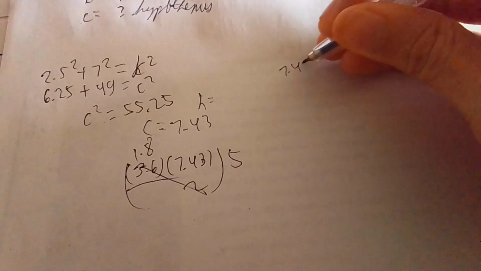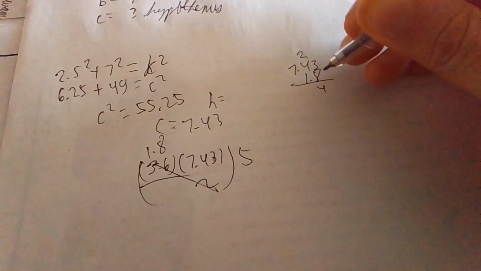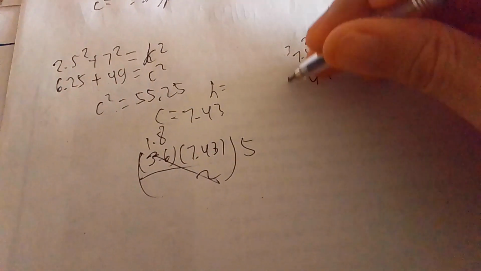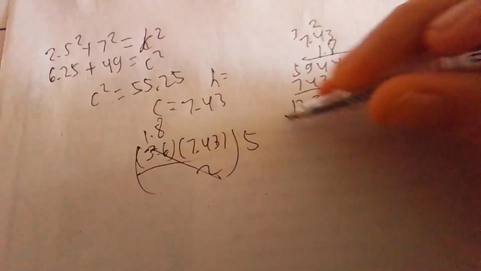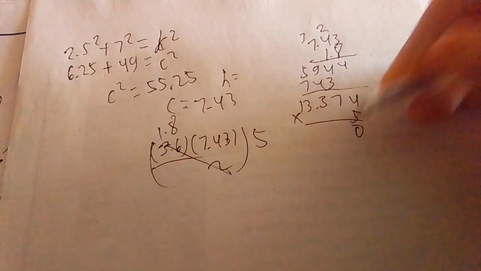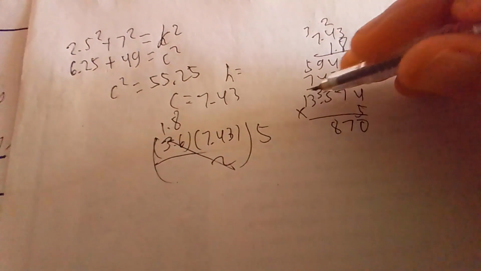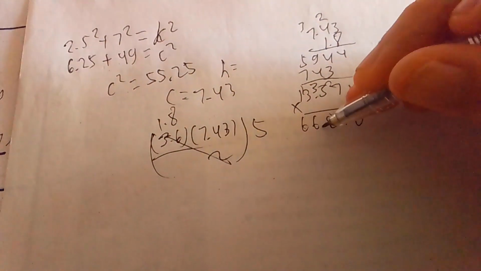So, therefore, you have 7.43 times 1.8, diba? Okay, 3 decimal points, alright? Then multiply that by 5 because there's 5, diba?